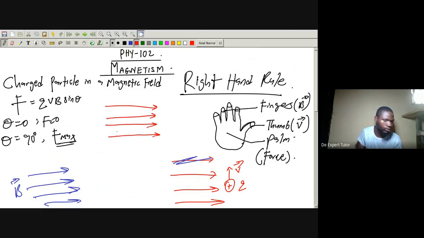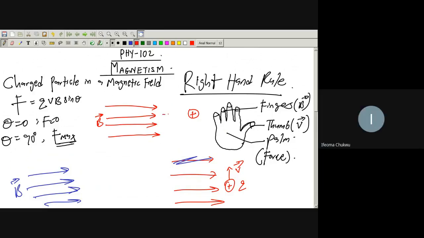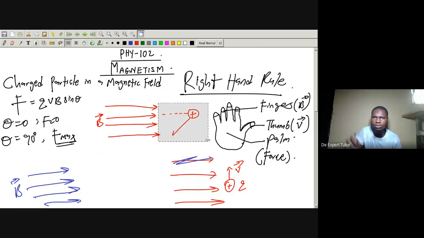So this is your magnetic field. And look at this one, you have a positive charge moving in this direction. Let me use another color for this.